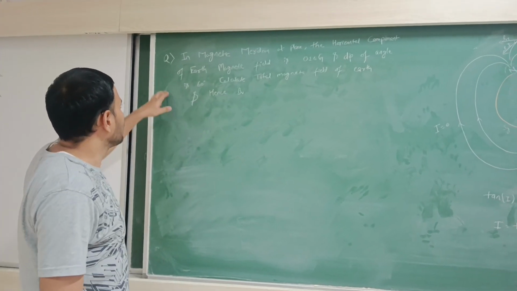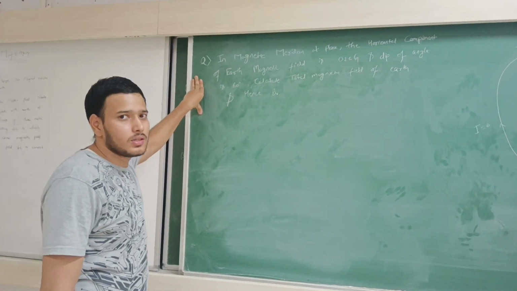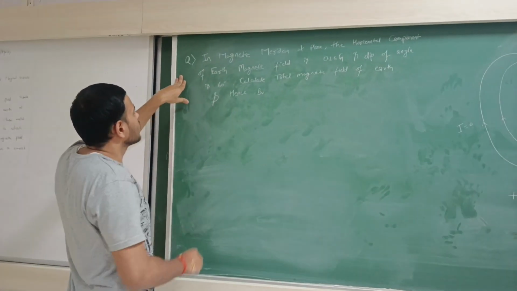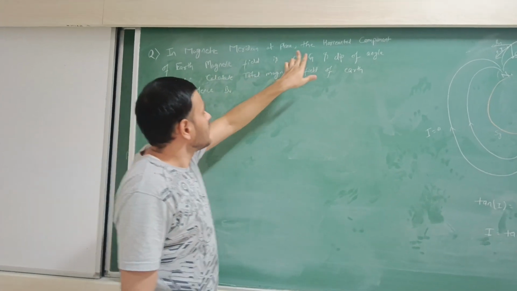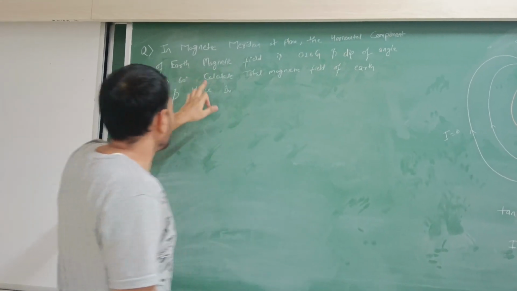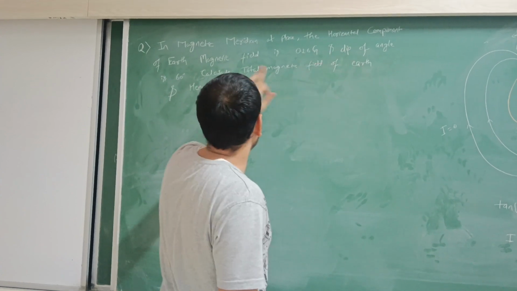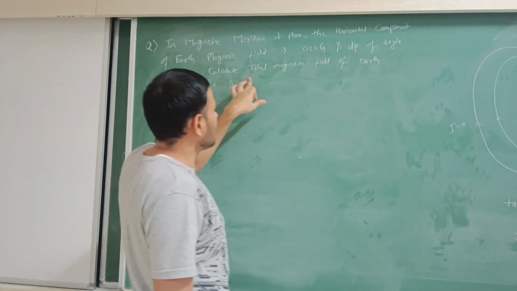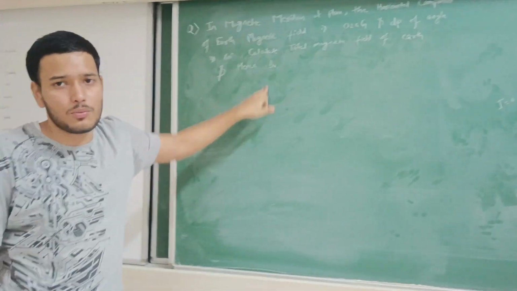Now we are going to solve one question to clear the concept that we have studied earlier. The question is: in the magnetic meridian at a place, the horizontal component of the earth's magnetic field is 0.26 gauss, and the angle of dip is 60 degrees. Then we have to calculate the total magnetic field of the earth, and hence the vertical component of the magnetic field.